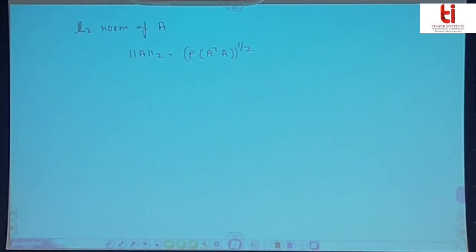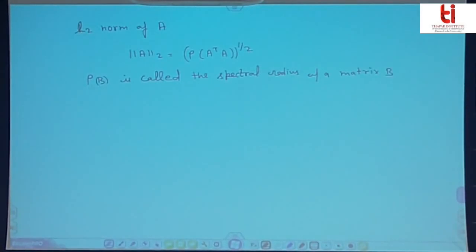It means that rho stands for the spectral radius of a matrix, with which it is associated. Suppose rho of B, for a matrix B.